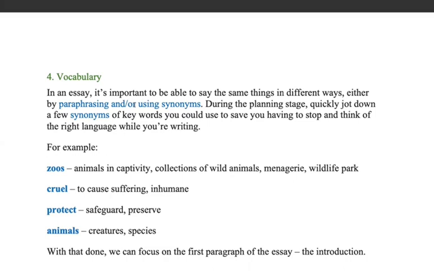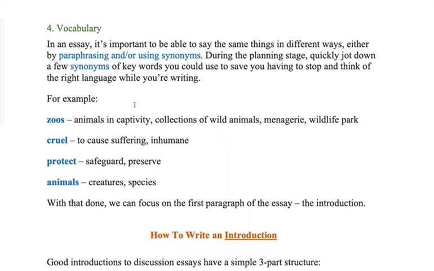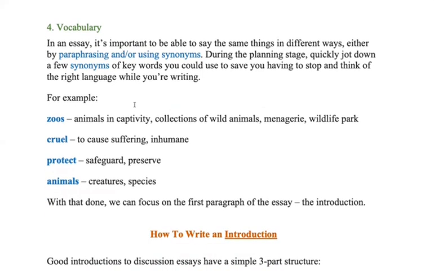During the planning stage, do this before you start writing. Quickly jot down a few synonyms of keywords you could use to save you having to stop and think of the right language while you are writing. We have already given you some examples in previous pages. And here again, I'm going to give you more examples.